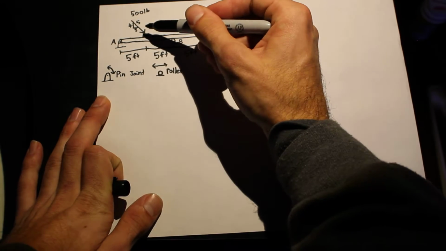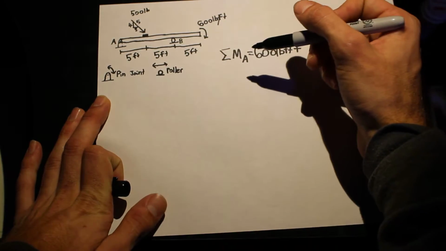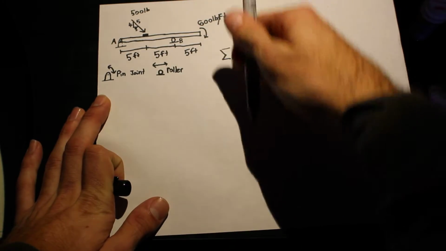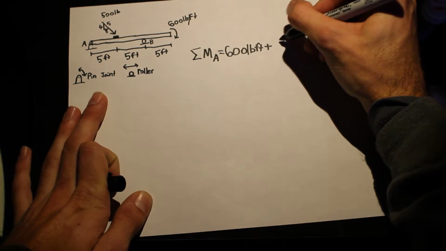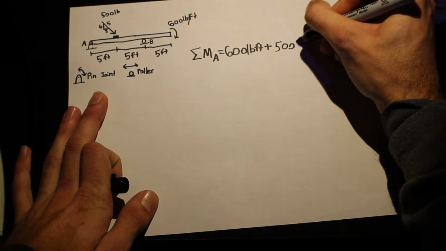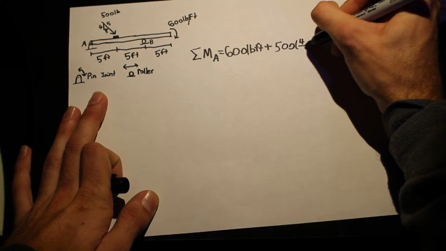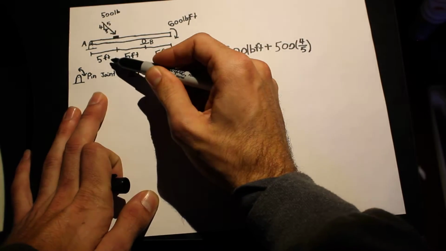So right here at A, we have an arrow going down with a 3-4-5 angle. And the force we want is the one going straight down in the y direction. So we're going to add 500 pounds times 4/5, so we can get the y direction, and then multiply that by 5 so we get the moment.